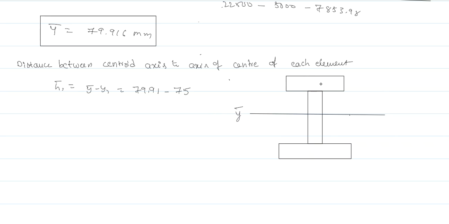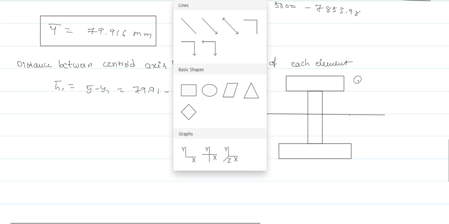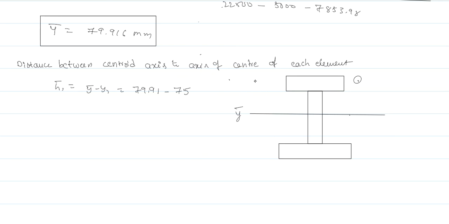Similarly, this is element number 1. Element number 1 has an individual center, that is y1. So this element center is y1. The distance between these two centers is nothing but h1.